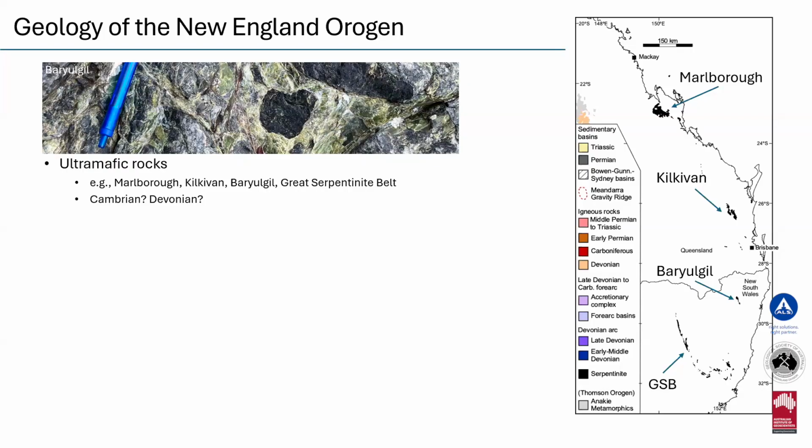They are quite extensive in Marlborough. They occur also along the Great Serpentinite Belt here in New South Wales. And in some places, it's been shown that they are the oldest components in the New England Orogen. So the ages of some of those plagiogranites, for example, is Cambrian, way older than anything else in the New England Orogen. Other ages are younger, Devonian ages, maybe even Permian, so different kinds of context.